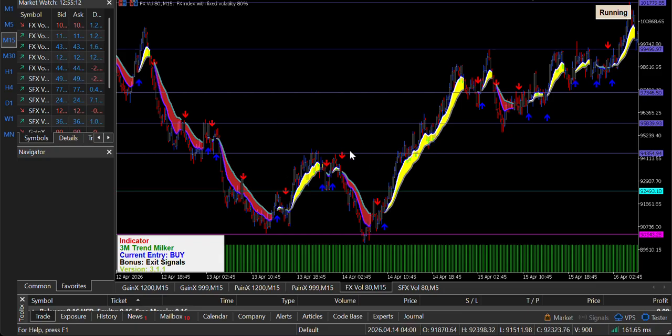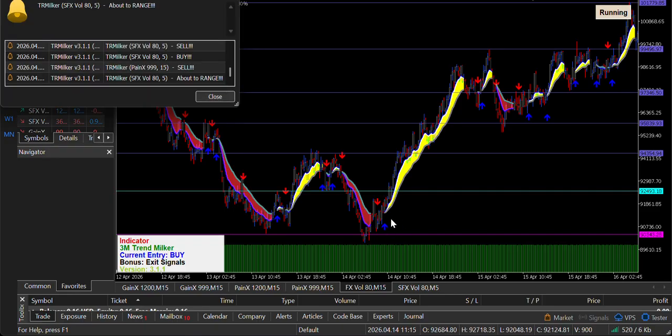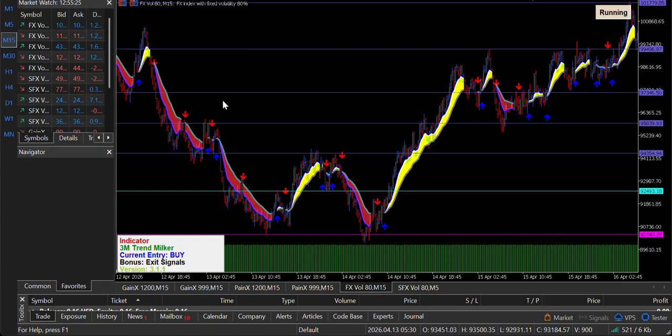But based on general knowledge, this is the right way the indicator should analyze the market, and it has given us the right signal at this point. But it is now in our own hands to decide how we want to handle the trade.